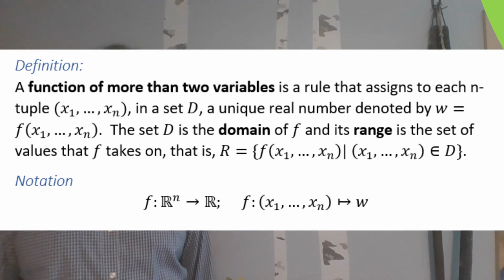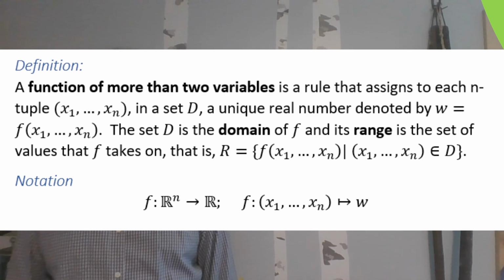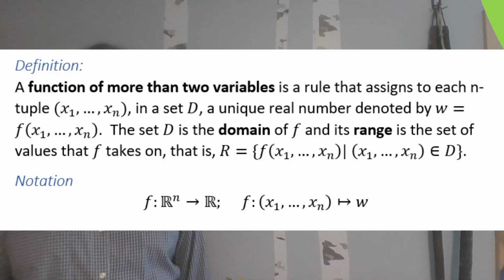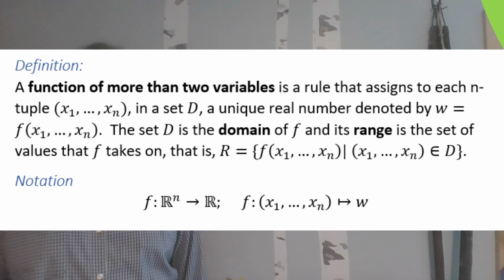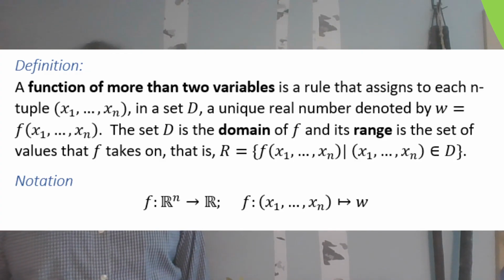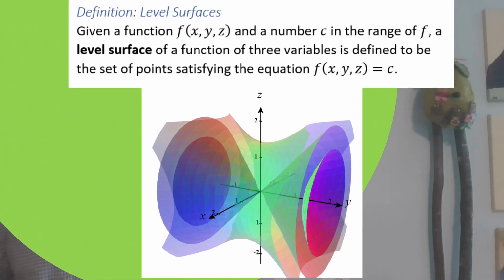Trying to visualize this would be a lot more difficult because we can only visualize things in three dimensions, and if we have three variables going in as an input, that's already in three dimensions, and so the output would be a fourth dimension, and that would be hard to visualize. So instead, we're going to take a look at functions of three variables and look at their level curves, or in this case, it would be a level surface.